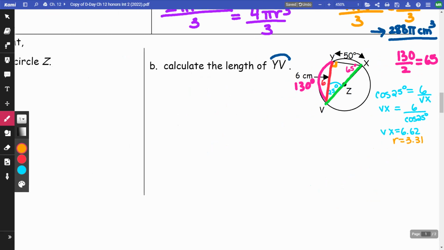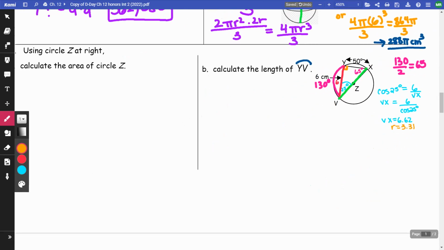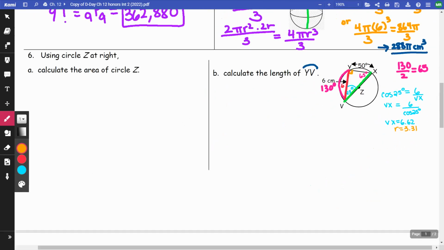So let me move this so I can get over to this side. Okay, so the area of my circle is going to be pi r squared. And my radius is 3.31.